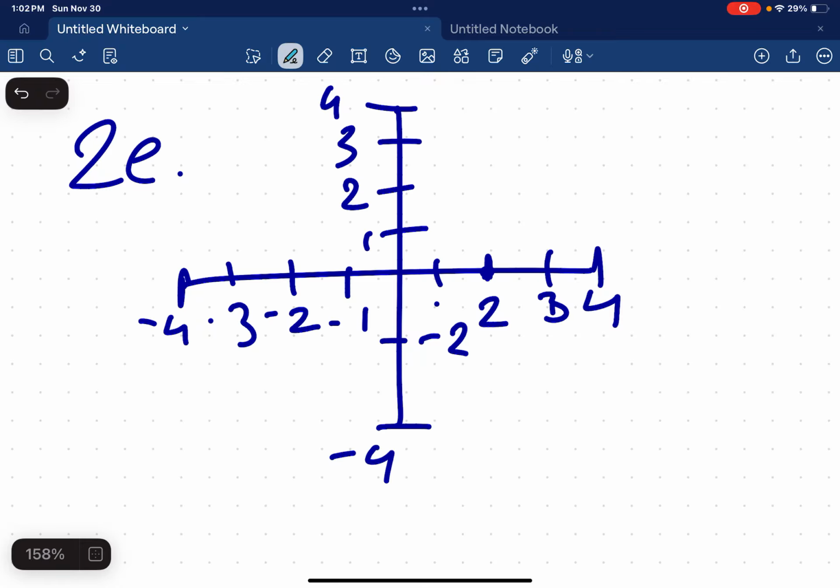Then we have a point all the way up on 4, 4. Then 3, 2. And 1, 1. What else do we have? We have -1, -1. Then we have -2, 2, and -4, -3.